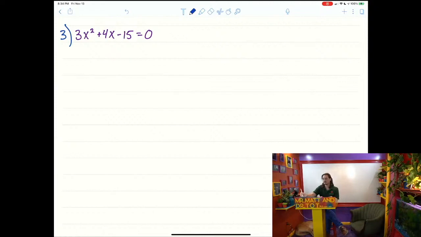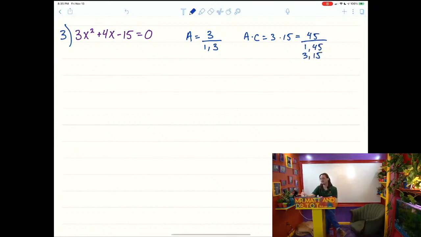The factors of 45 are 1 and 45, 3 and 15, 5 and 9. And we need to add together to get 4, and our c value is negative, so we need to have opposite signs. So negative 5 and a positive 9 would add together to get a positive 4.